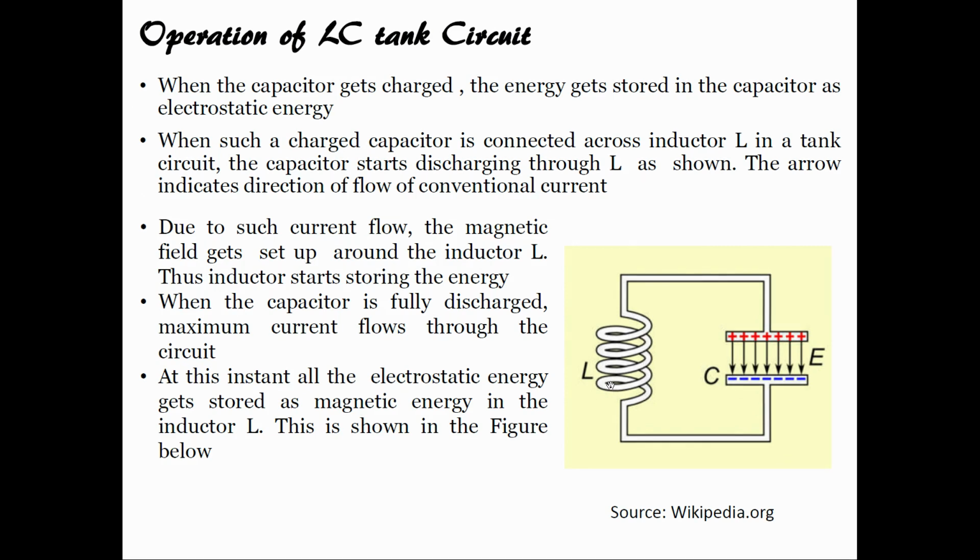When it starts discharging through L, a magnetic field gets set up around the inductor and thus the inductor starts storing the energy. When the capacitor is fully discharged, maximum current flows through the circuit. At this instant, all electrostatic energy is converted to magnetic energy, stored in the inductor.